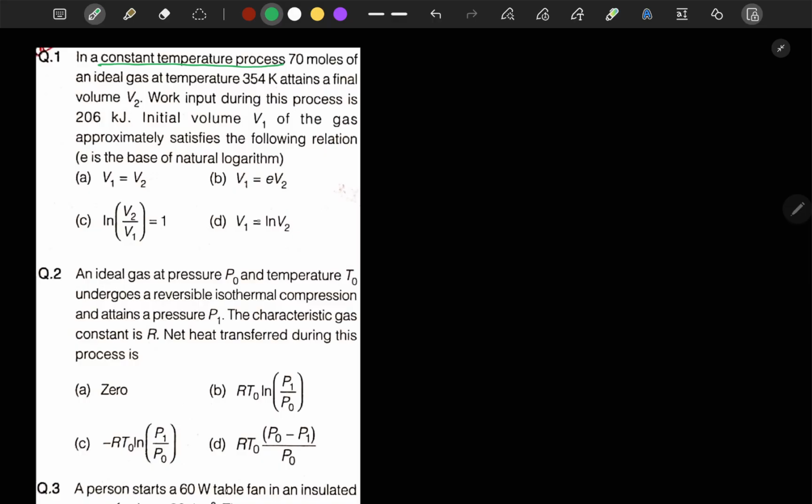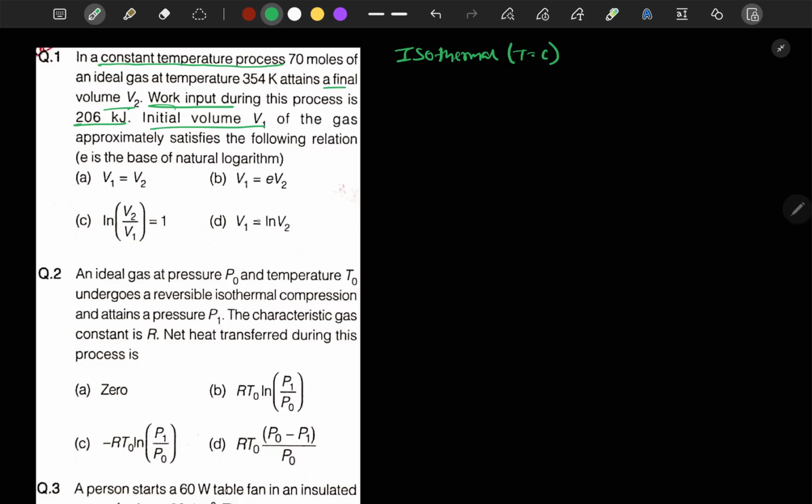Since the process is at constant temperature, it means that it is an isothermal process. You are provided with the work input, and the final volume is V2, the initial volume is V1, approximately.